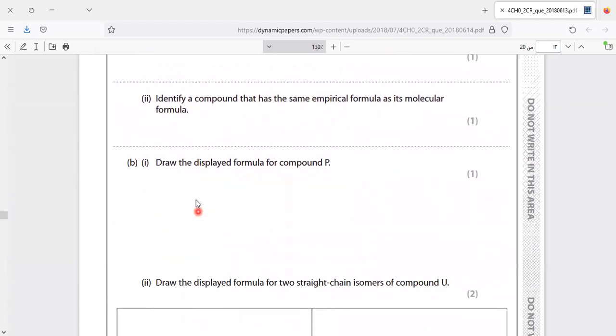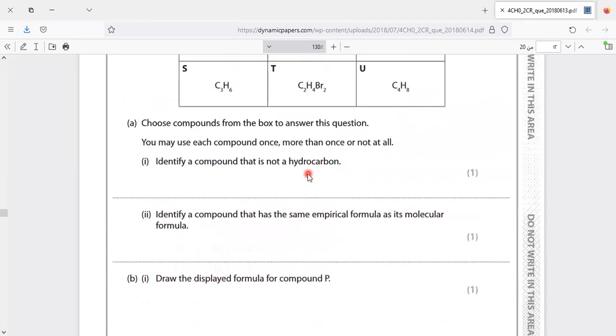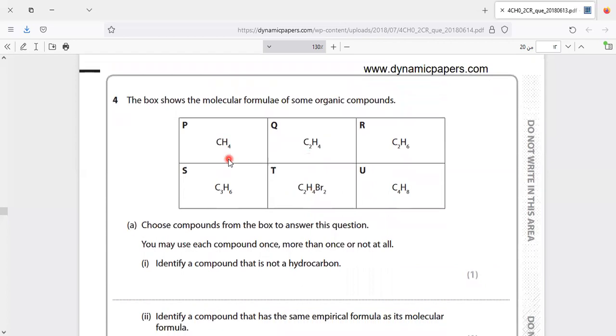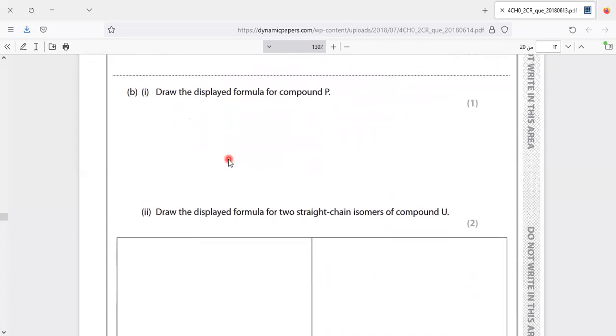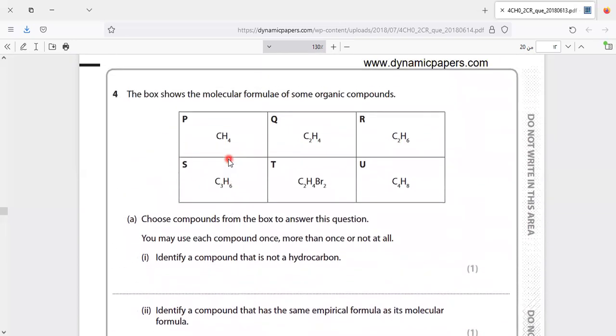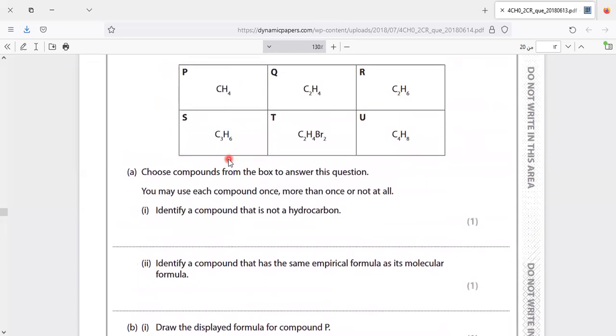Draw the displayed formula for compound B. Displayed formula means you have to show all bonds, CH4. You know what I will do here?